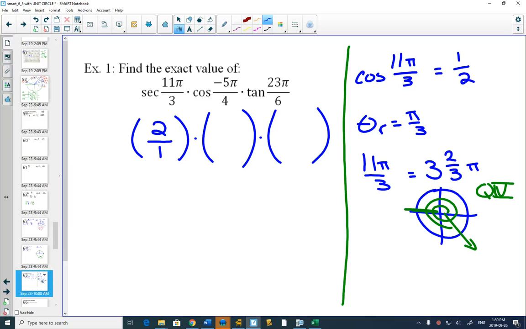Second one, probably don't even need to show any work off to the side. Okay, part of the pi over 4 family. What quadrant would it be in?